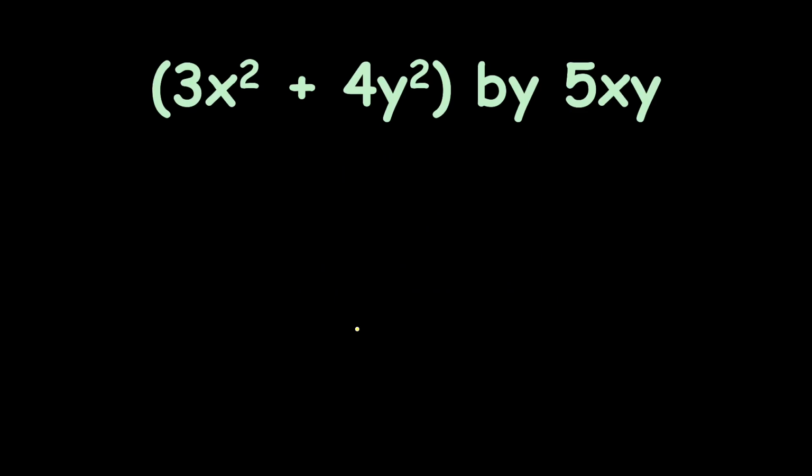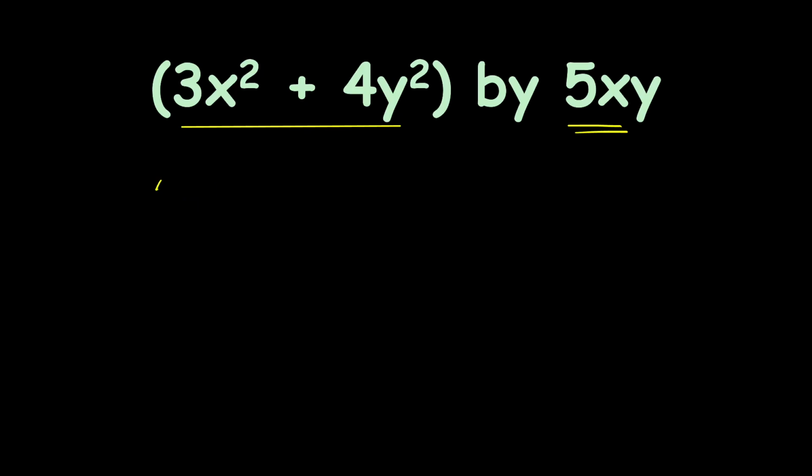Now, binomial by monomial. If we are finding the product of a binomial by a monomial, here 3x square plus 4y square by 5xy. This is the monomial, and this is the binomial.